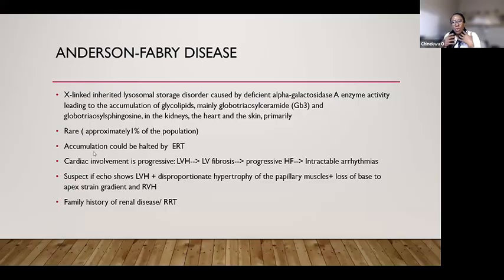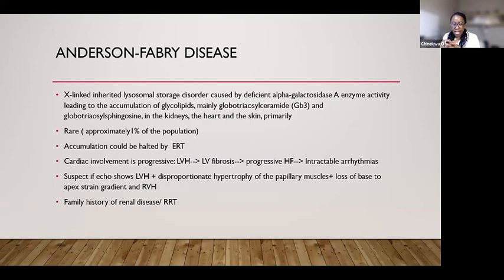Now, most times with systemic diseases that have cardiac involvement, outcomes, especially hard outcomes like life and death, are determined by the degree of cardiac involvement. It's the same with systemic sarcoidosis. It's similar with systemic amyloidosis, and Fabry disease is not an exception.